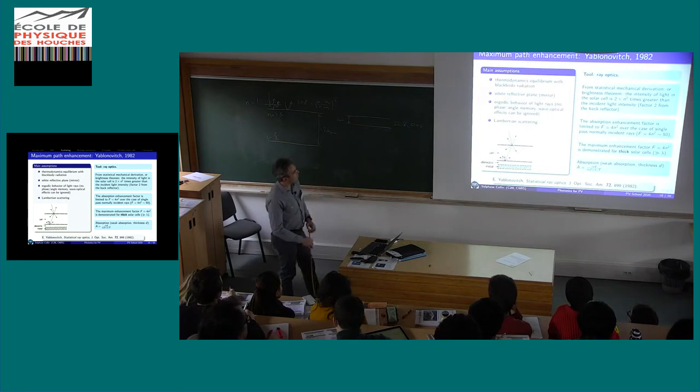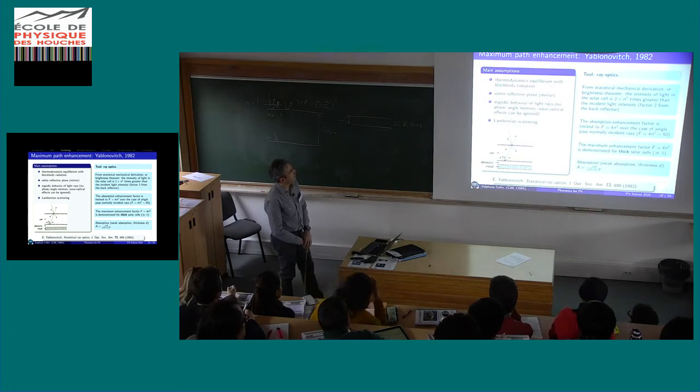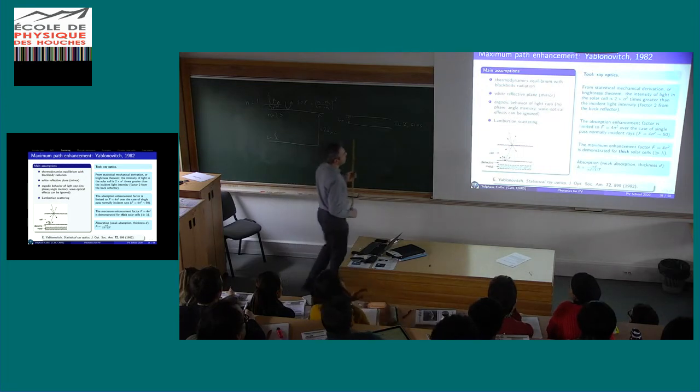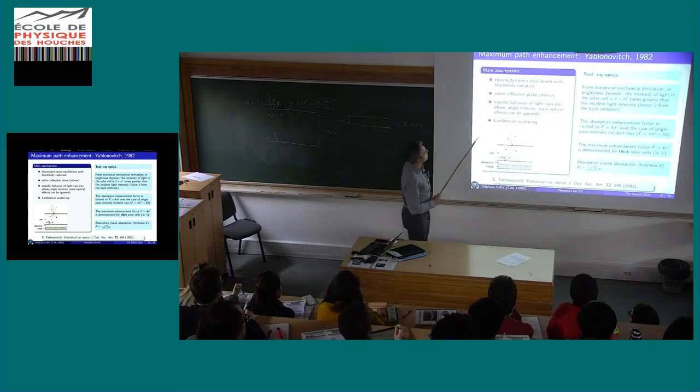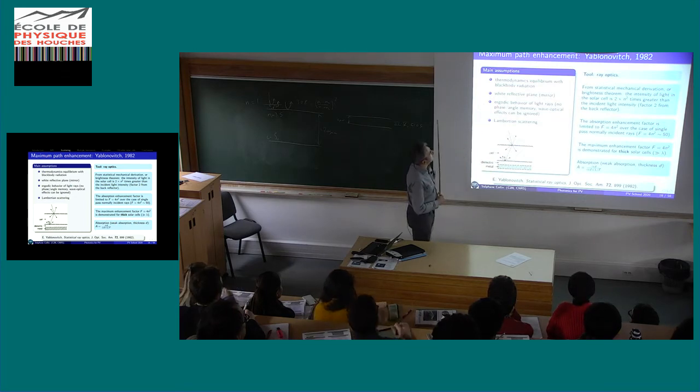The theory of this strategy has been first developed by Yablonovitch in the 80s. He made the following assumptions. Your absorber is in thermodynamic equilibrium with the black body radiation.